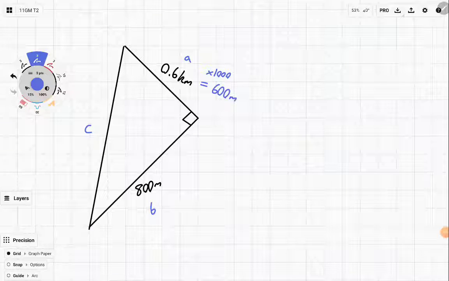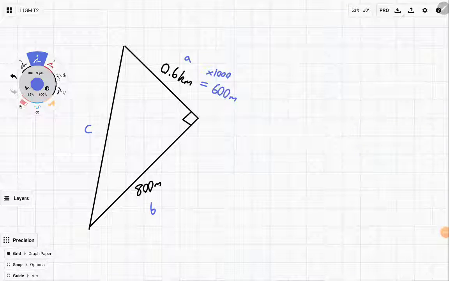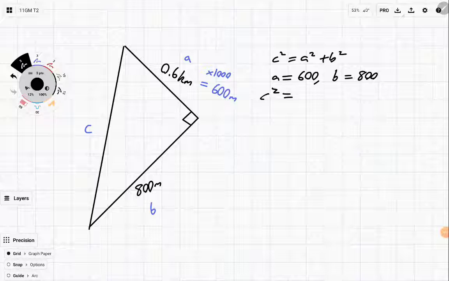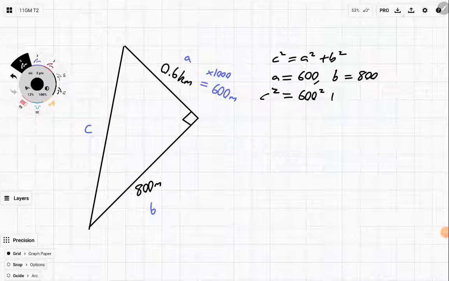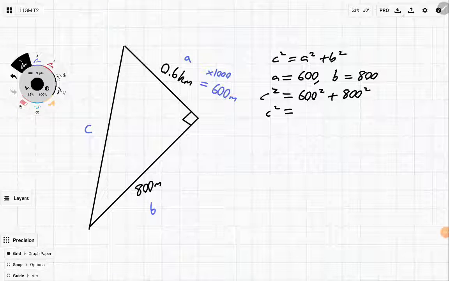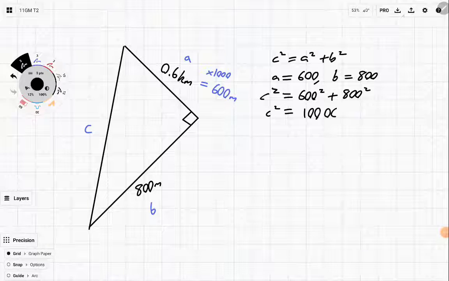And now, using Pythagoras' theorem, C squared equals A squared plus B squared, I know that A is equal to 600, and I know that B is equal to 800. Substitute both of those in. 600 squared plus 800 squared is equal to... 10,000? Not 10,000.